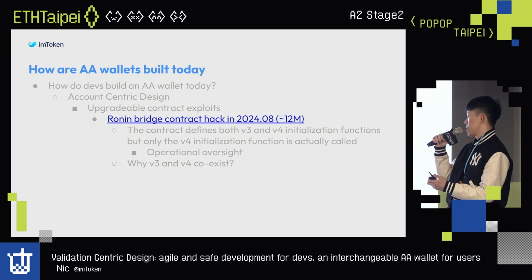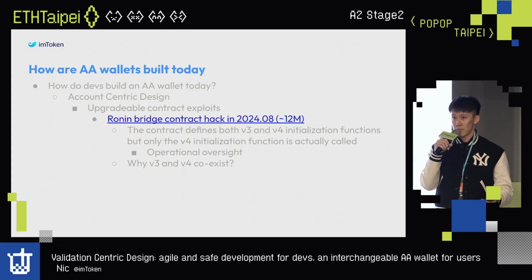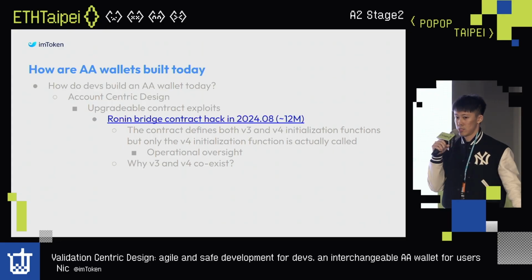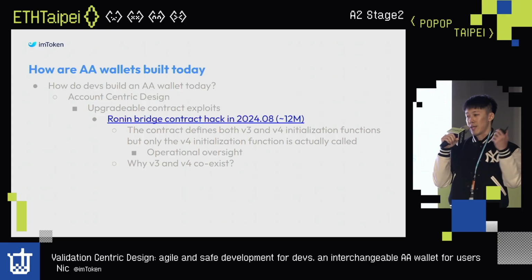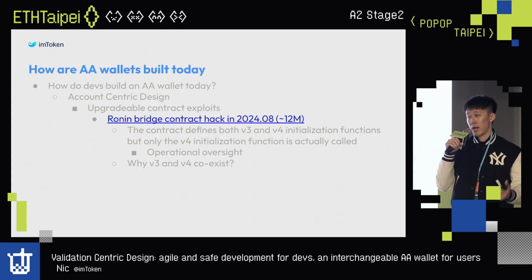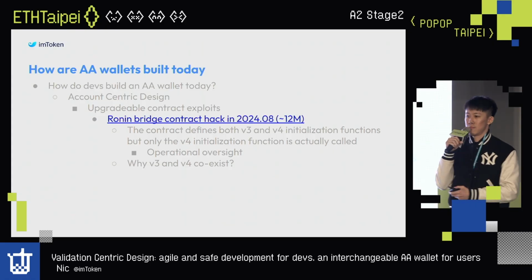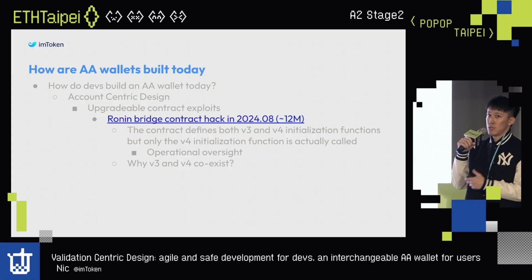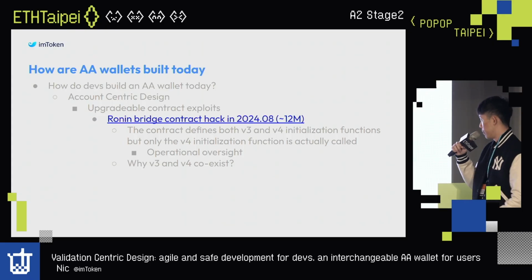But only the version 4 initialization function was called during the upgrade, and that led to the exploit. If the version 3 initialization had been called together with v4, nothing would have happened. So clearly it's an operational oversight. The devs forgot to trigger the v3 initialization.